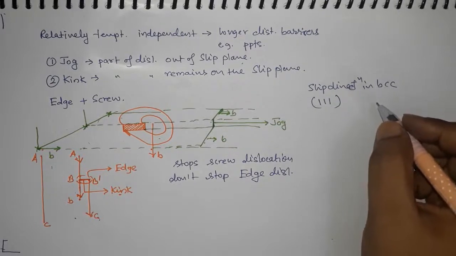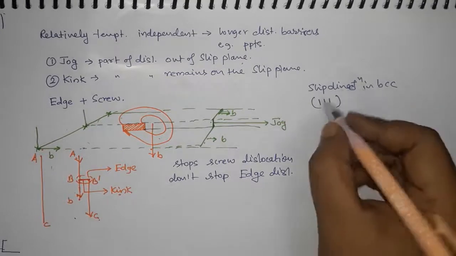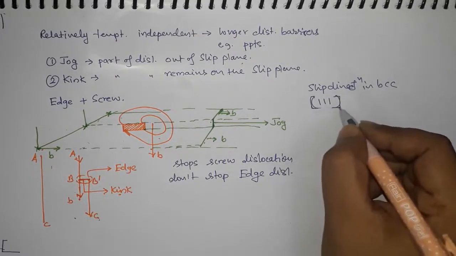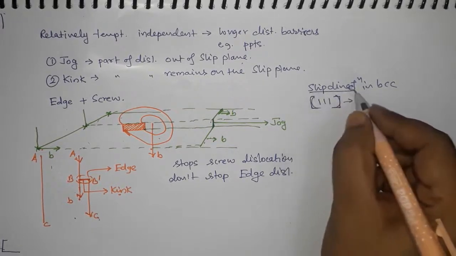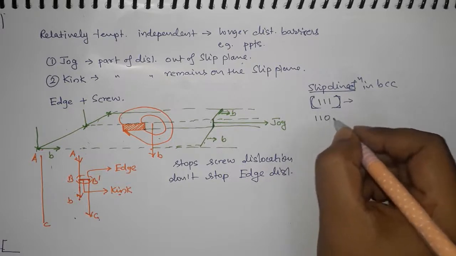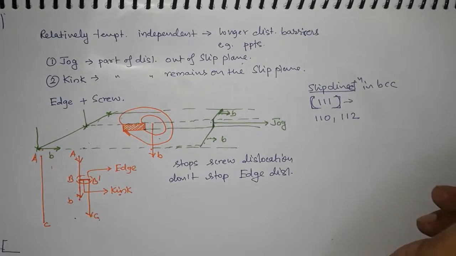So what do you get from this information? In BCC, this is my slip direction, but you have planes like 110 or 112 and many other planes.